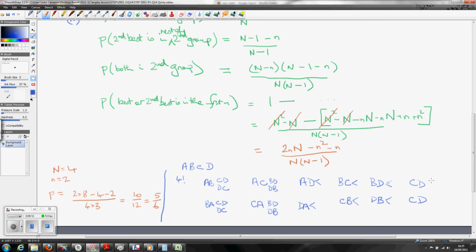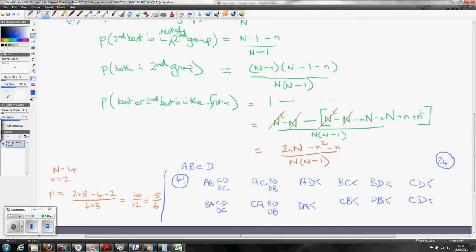And let's just look and see what we've ended up with here. We've ended up with 6 groups along the top and 6 along the bottom, each of which have got 2 possibilities. So that makes a total of 24 possibilities of sequencing, which is indeed the 4 factorial that we knew we ought to have.